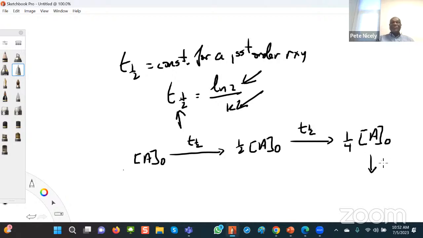And you can imagine what's going to happen after the third half-life. What's going to happen? The concentration of A would be what? Anybody? It should be easy for you to figure it out. What will be the concentration of A after the third half-life?